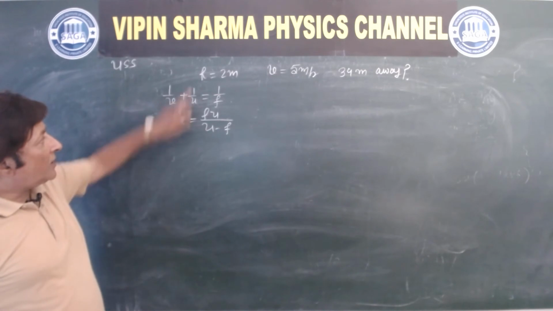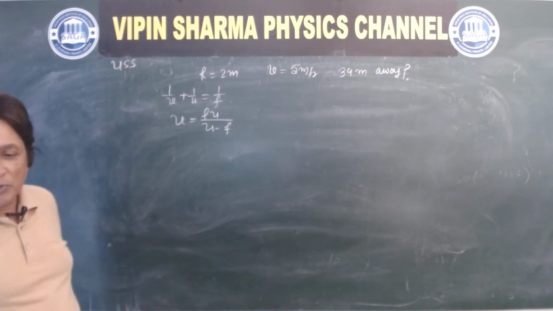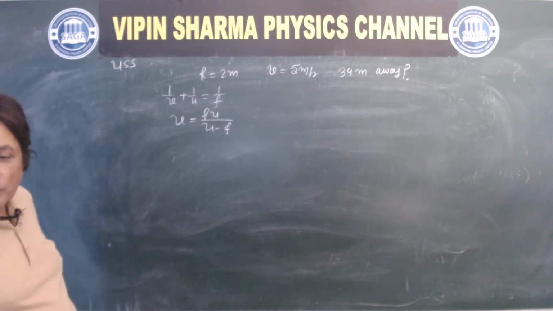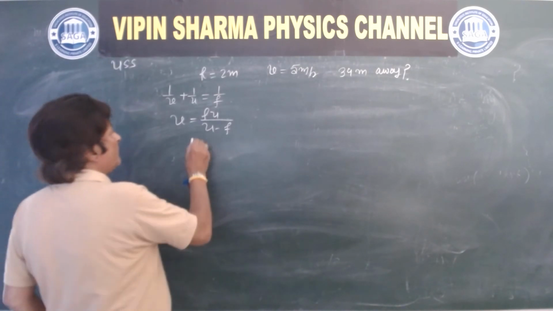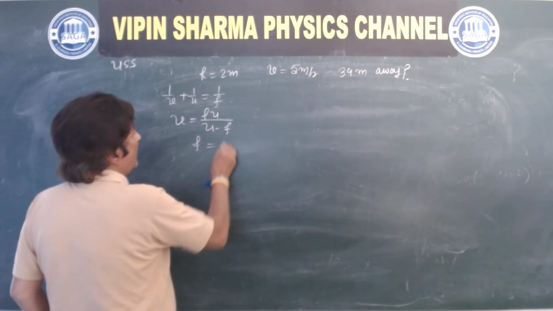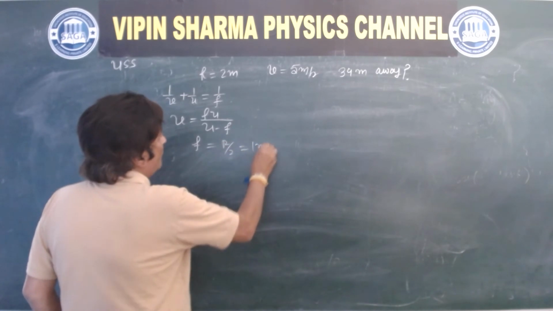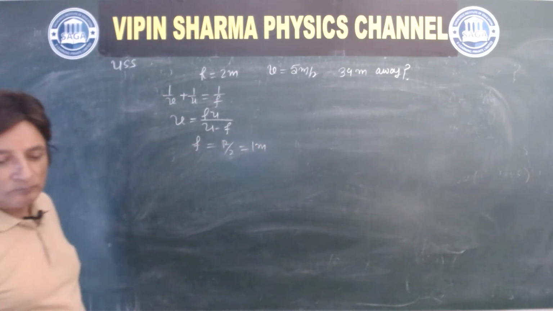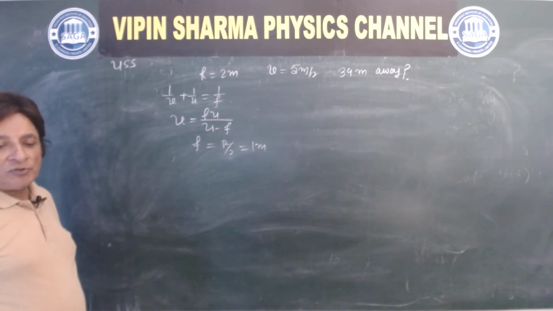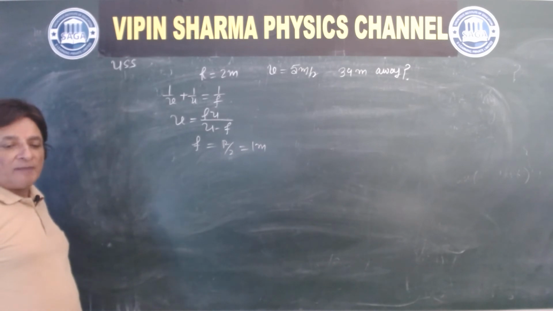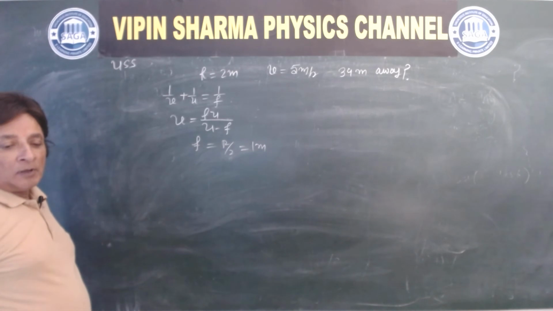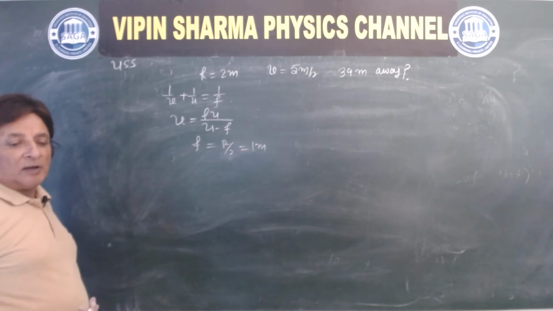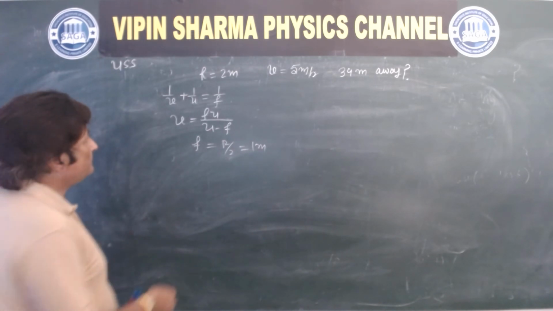Now students, for a convex mirror, R is equal to 2 meter. So what is the focal length? R by 2, that is 1 meter. For a convex mirror, what is u?